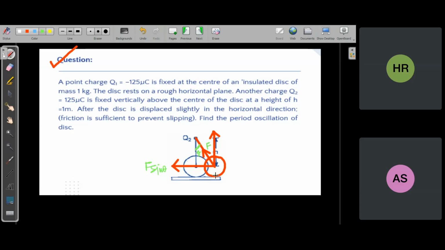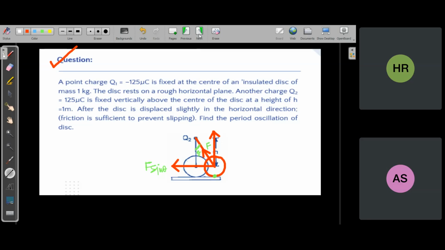And this F sine theta component is producing a torque about the point of contact. Why are we taking the point of contact? Because there will be friction also. If we take the torque about the point of contact, the torque due to friction will be zero. Otherwise, if you take any other point, then torque due to friction will also come. So we are taking the point of contact.